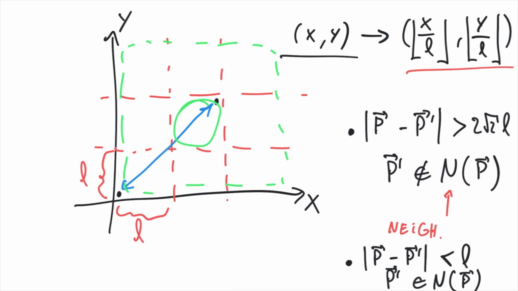If I have another point, this is P, this is P prime, the further it can be to the left of P, here is L. If I bound this to be L, then it needs to be in an adjacent cell.